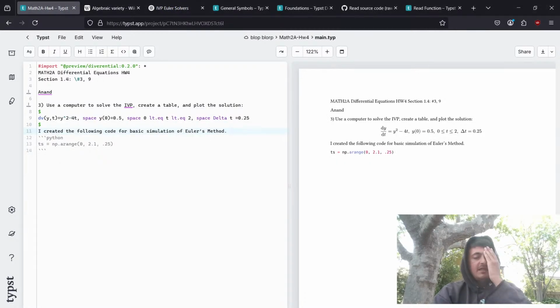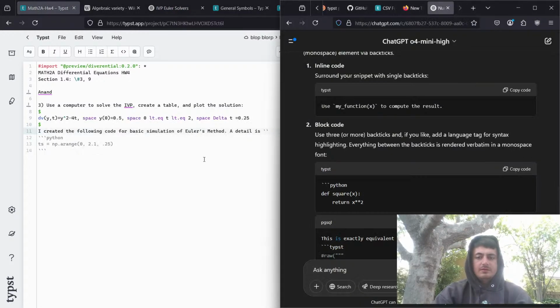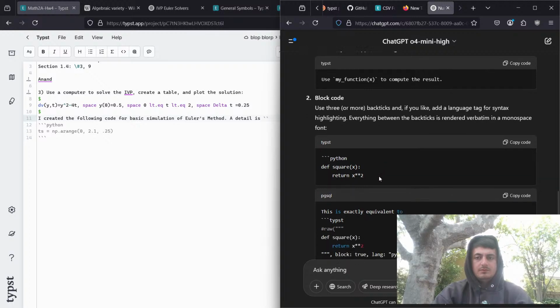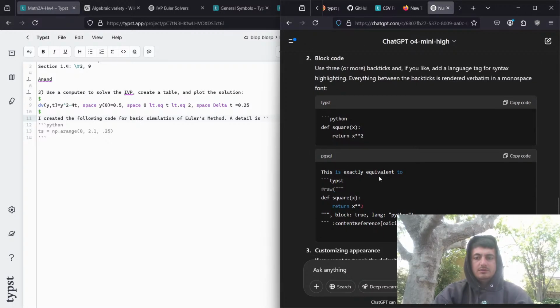So we have this, and what do I need to say? The detail is np.arange. How do I do that though? How do I do it inline? Inline code.